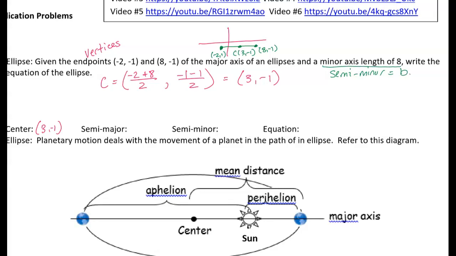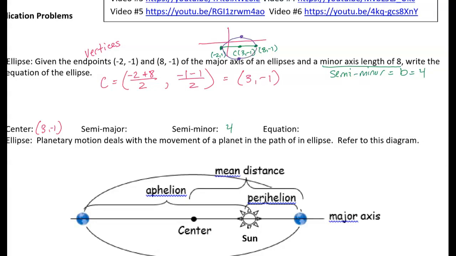So our B value here is 4. Our semi-minor length is 4. So from the center, I'd go up 4, down 4. Don't really need to know those coordinate points. I'm just drawing them real quick.